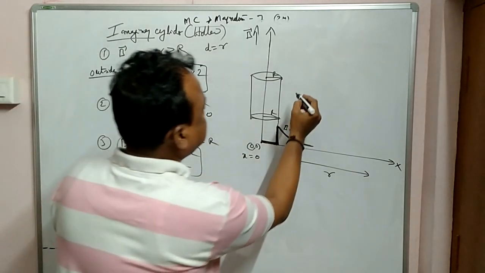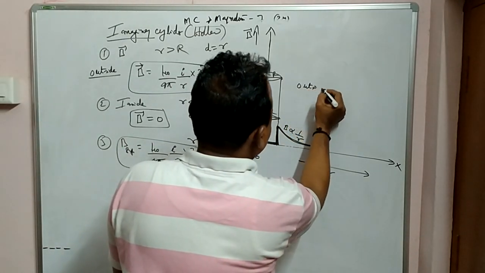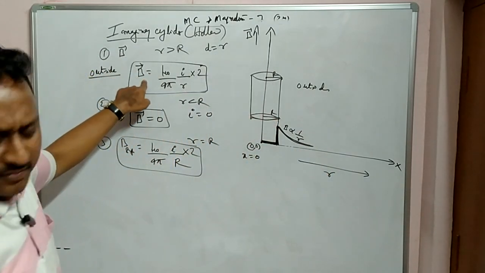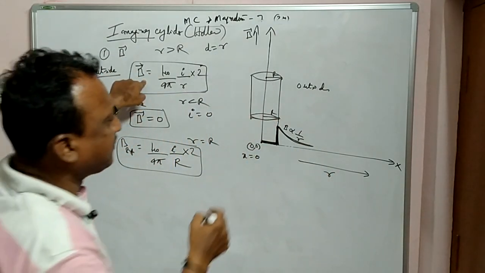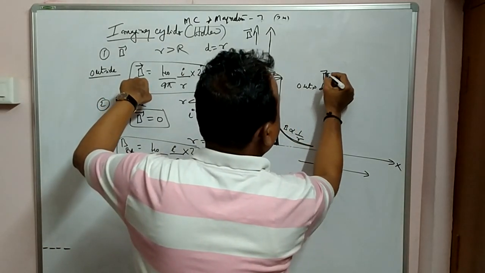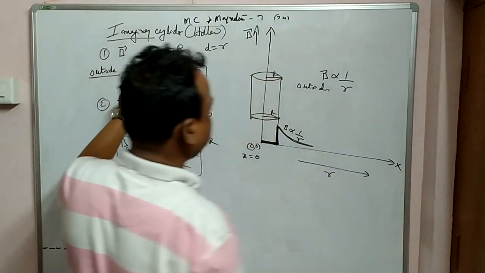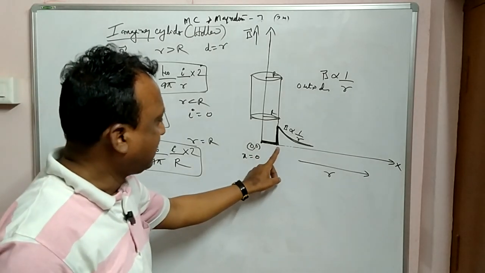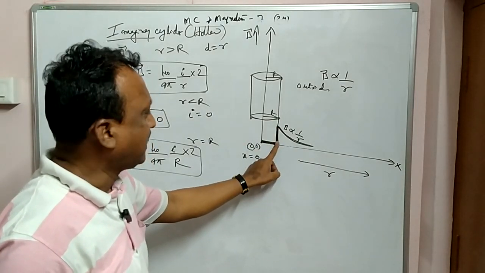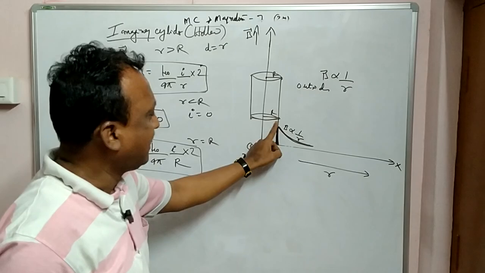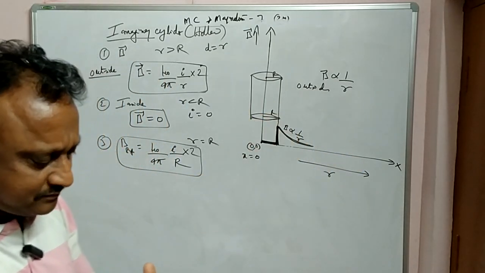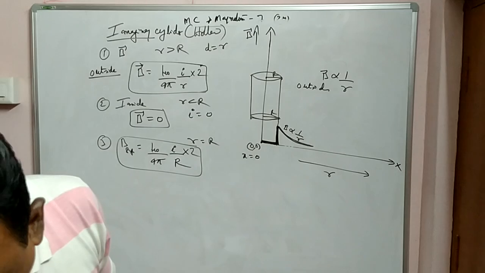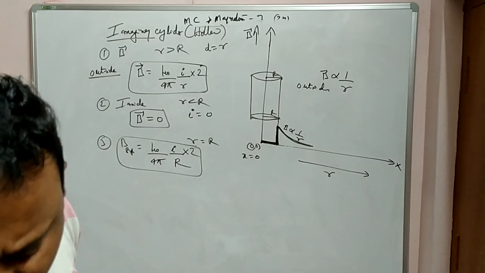This is outside, where we have the same formula: B is inversely proportional to the radius. So this is the graph for the hollow cylinder: first 0 up to the surface, then slightly raised, and then the value decreases. Clear? So this is an imaginary cylinder, and now let us go to the solid cylinder.